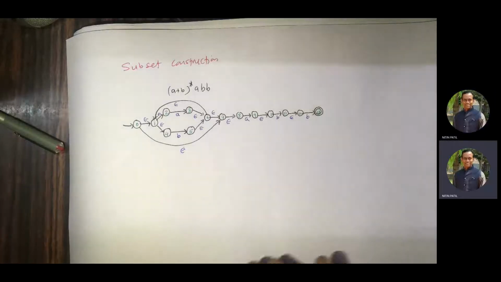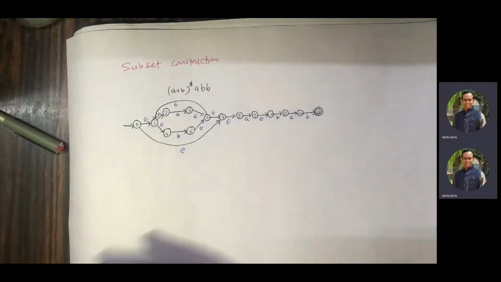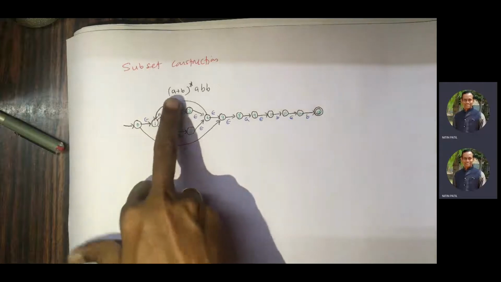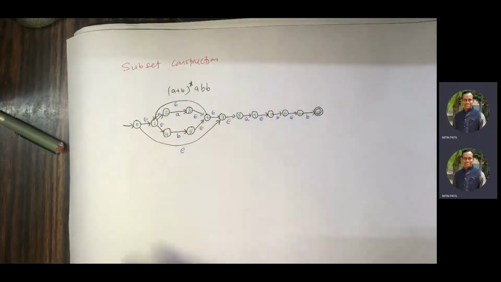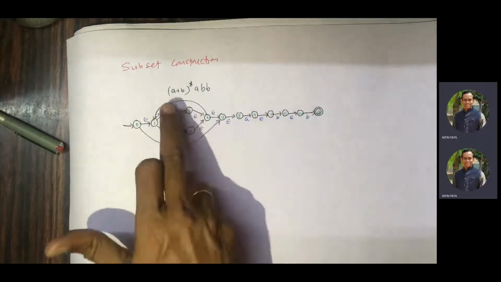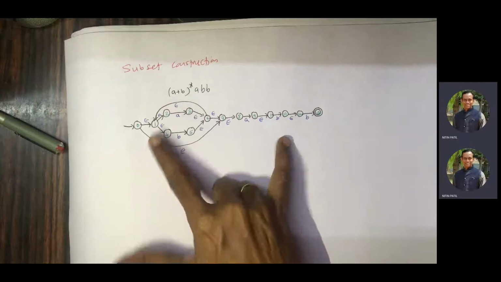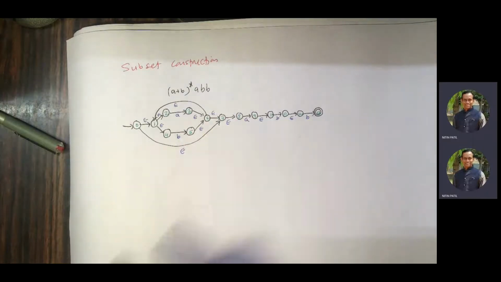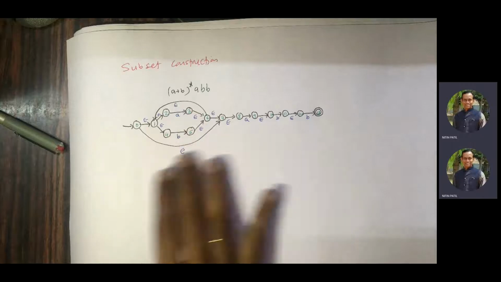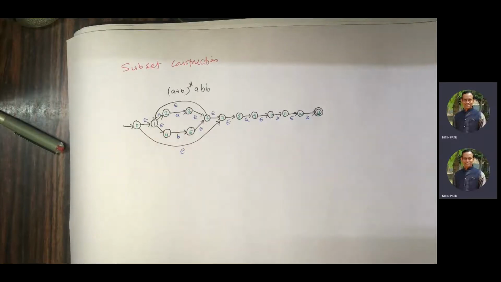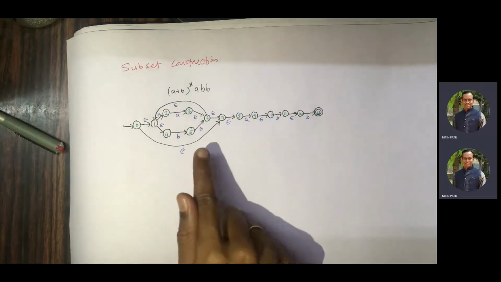Now, whenever you are solving this kind of example using the subset construction method, you first have to draw an NFA with epsilon moves for the given regular expression, the way that I did right now. You have to label it with appropriate labels like epsilon and the inputs that you have in the regular expression. Moreover, you have to mainly see the directions.